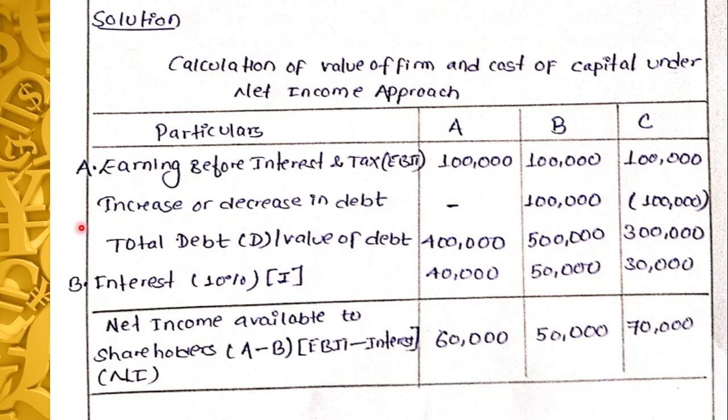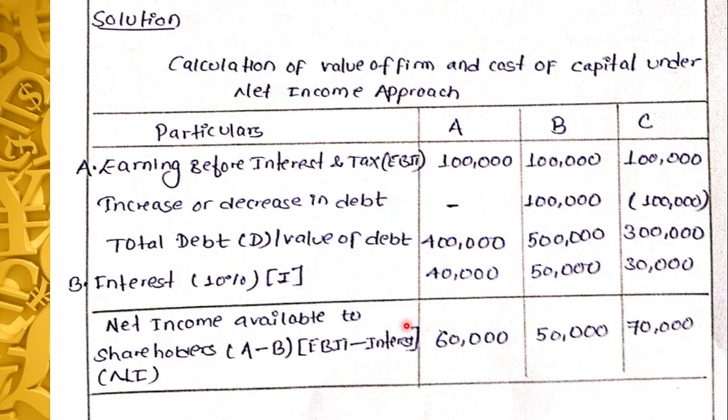Now, interest has been specifically given at 10% on debt. So, for each situation, when you apply 10% on the debt, it stands at 40,000, 50,000 and 30,000 respectively for situations A, B and C. Since the assumption is that there is no corporate tax, the EBT, or earnings before tax, itself becomes the net income available to shareholders.